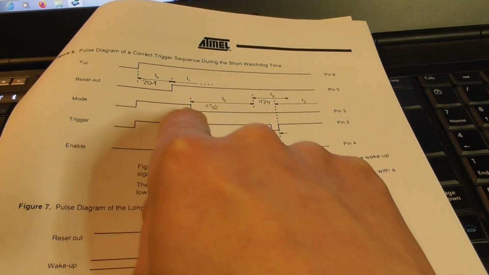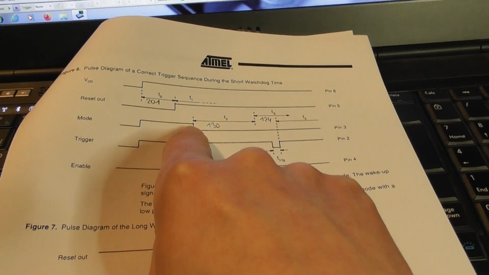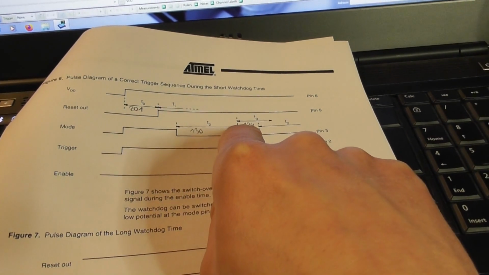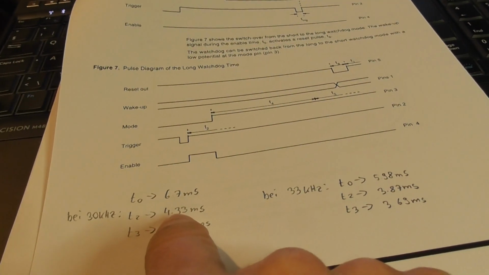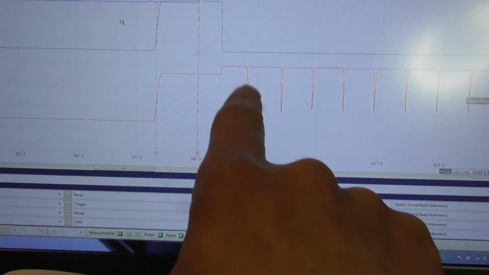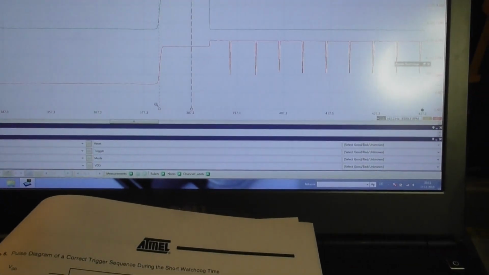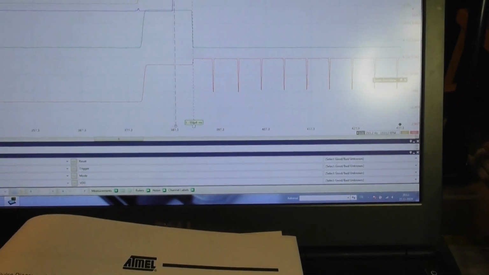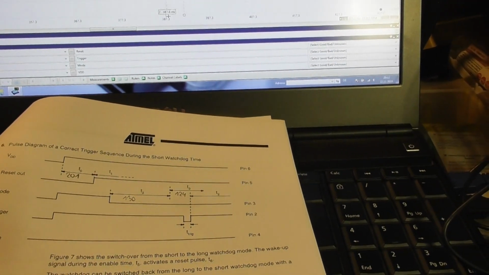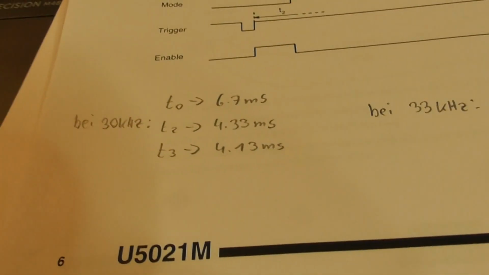Now the next sequence from reset out. If after the mode goes high, T2, 4.3 milliseconds, in this time no trigger should come. Let's check. Here the mode goes low, like this here, and now go forward 4.3 milliseconds.